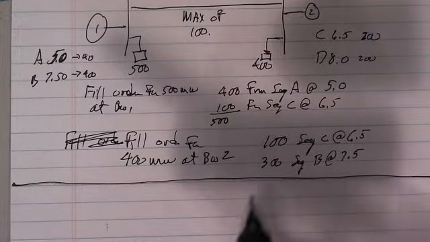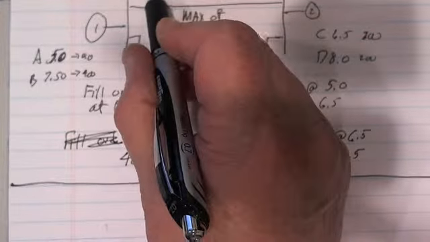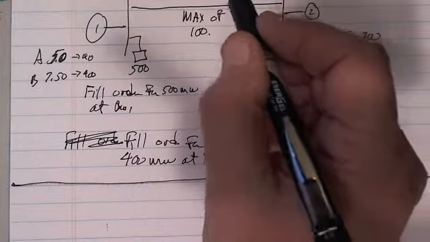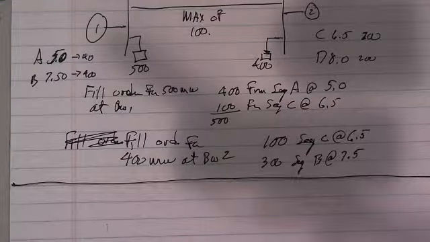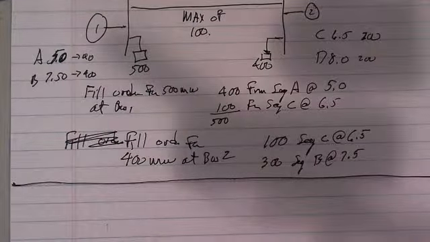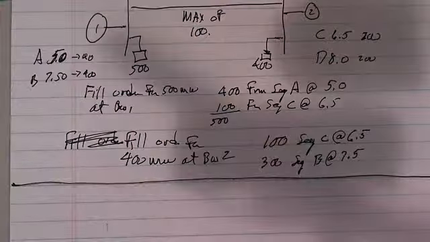Now remember that when he does that, he gets an order for 300, which would result in a flow of 200.